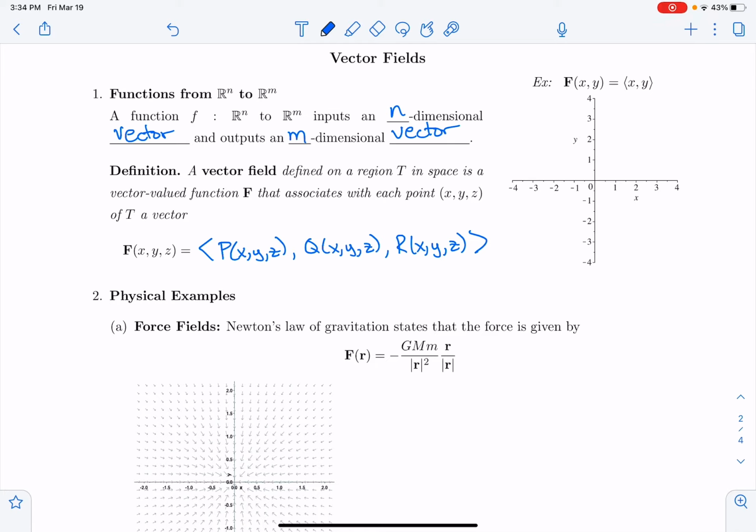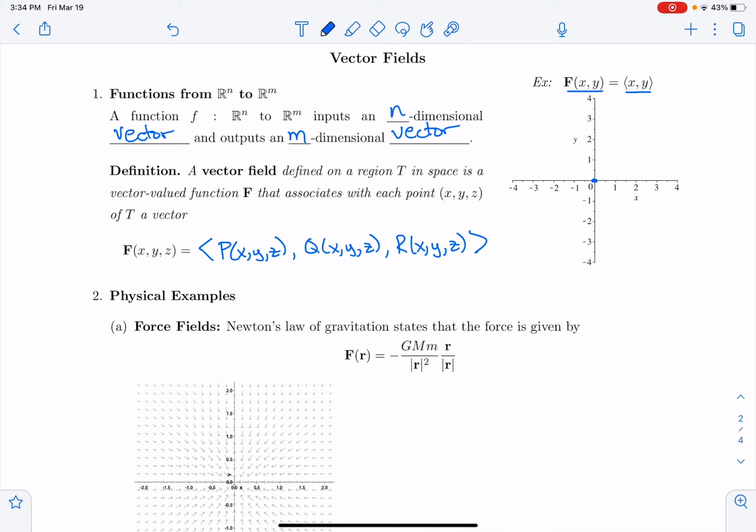Let's look at a simple example in 2 dimensions. We're going to have a vector field f that's a function of x and y, and we're going to let it output the vector x, y. So for example, if we look at f of 0, 0, then that would give you the vector 0, 0.